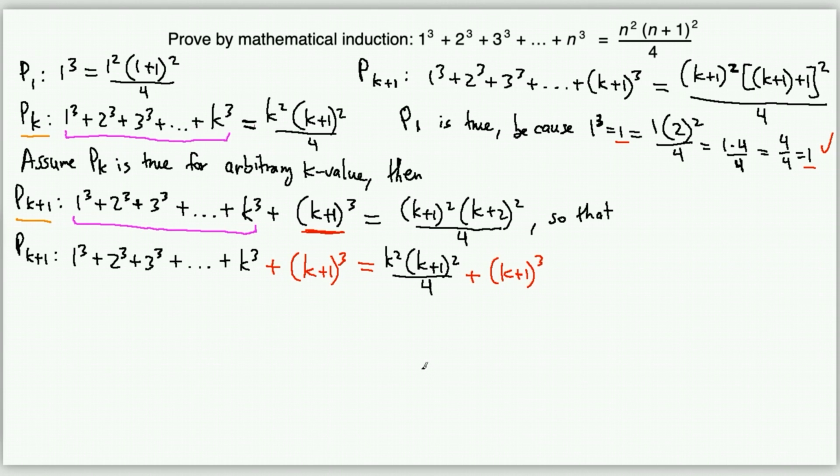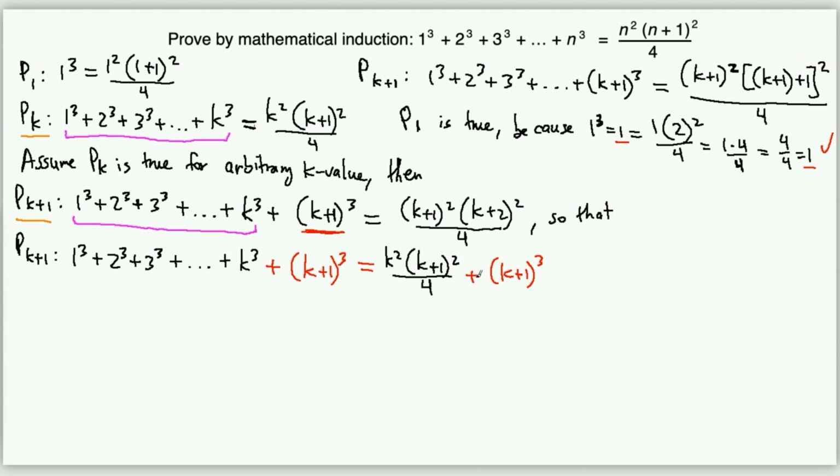That's it. So now what we basically need to do, now that the left sides match, we have to make sure that these two sides match, right? Because the left sides so far match for the P(k plus 1) statements. The left sides match, but the right sides do not look the same. We have to make them look the same.